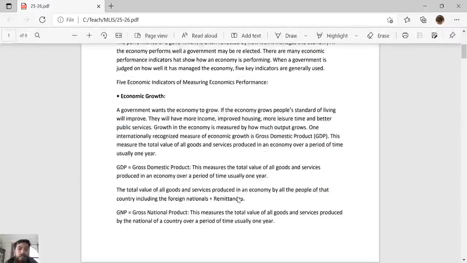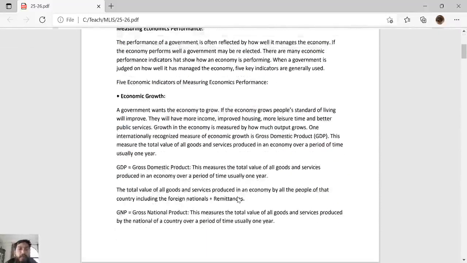So these are the basic macroeconomic objectives that we will study now. The first one is economic growth. If these economic indicators like economic growth, inflation, unemployment or balance of payment are positive, then we can say that the economy is in a good situation.